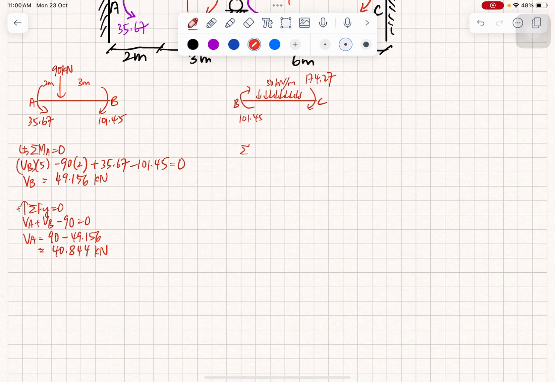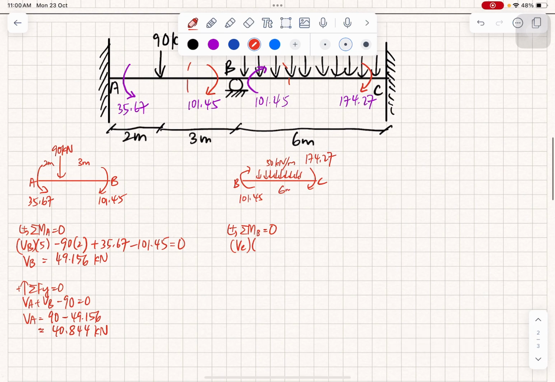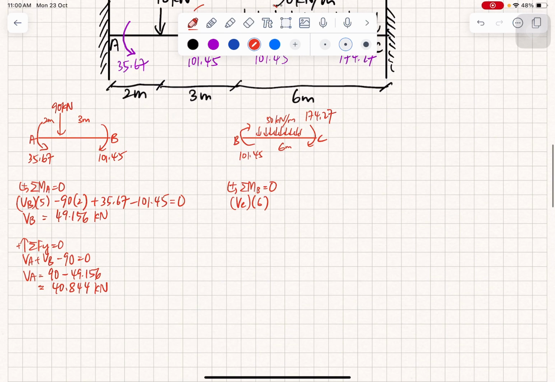Okay, so let us calculate for span BC. The same goes for point B. The total moment at point B is equal to 0. So for VC, multiplying the distance is 6 meter, minus 50 times 6 over 2.